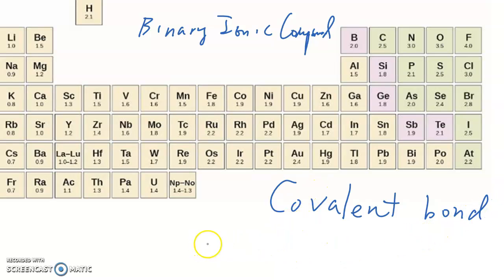What do I mean by that? Let's have an example: fluorine. Fluorine has 7 valence electrons. So how can fluorine combine with fluorine? Because we know that fluorine is a diatomic molecule.